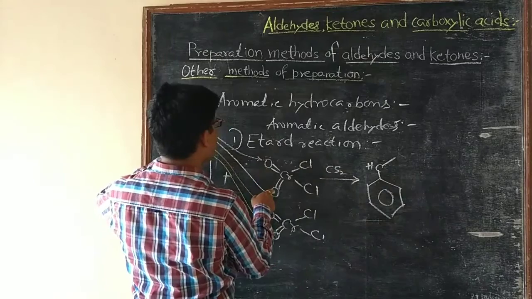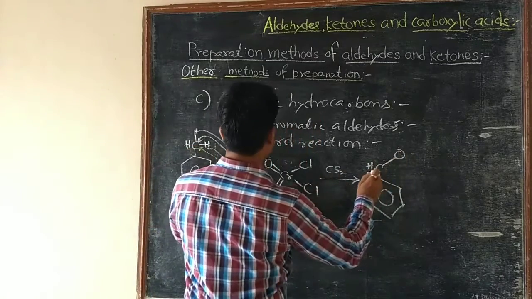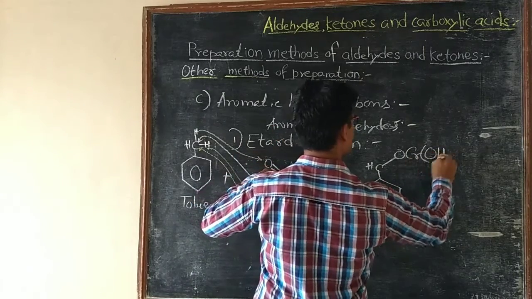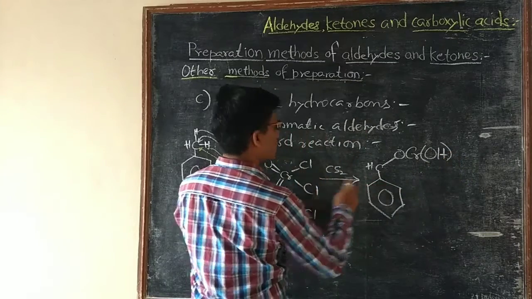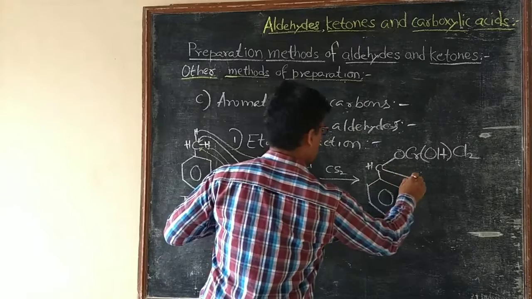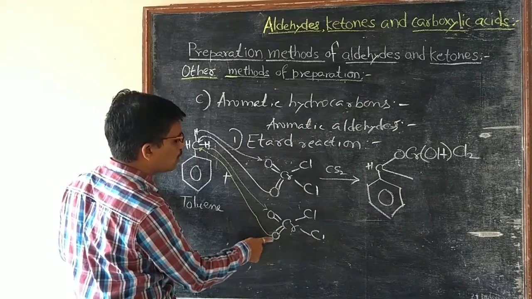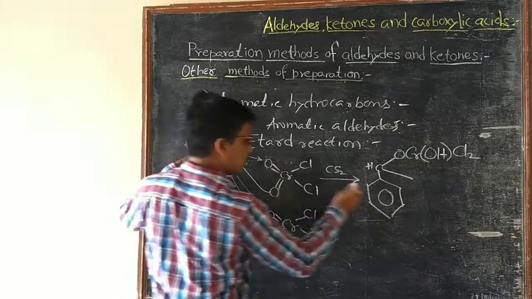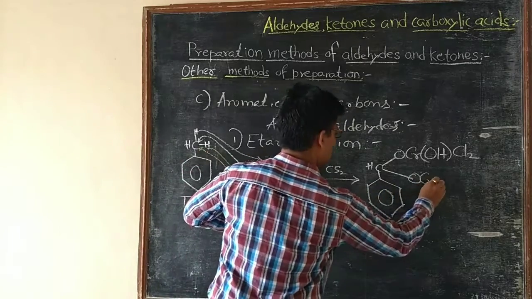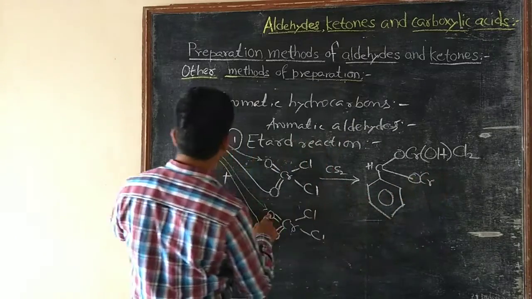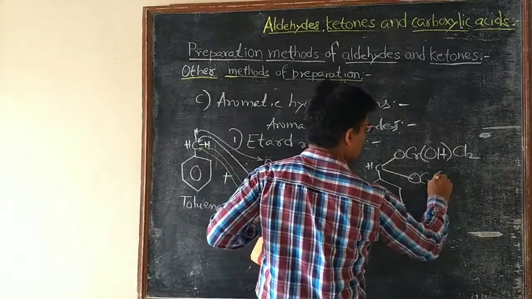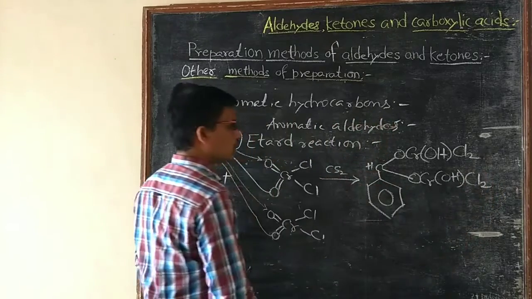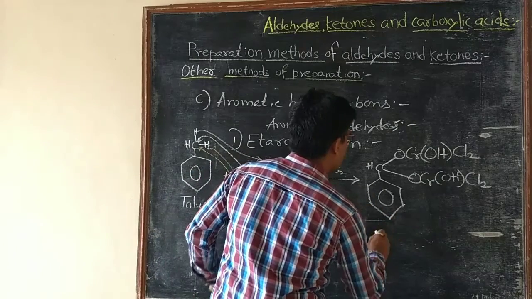This oxygen is attached to this carbon atom, then chromium is attached to this oxygen, and this hydrogen goes to this oxygen, therefore here is also OH and then Cl2. This is the chromium complex.